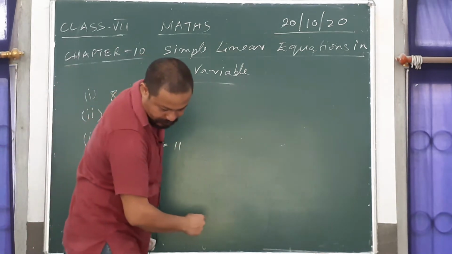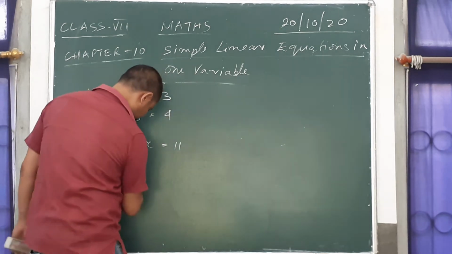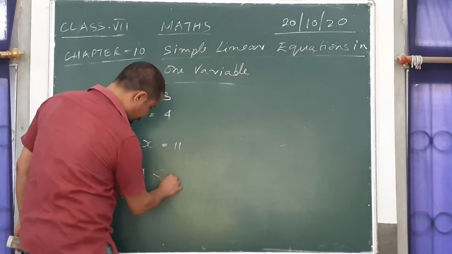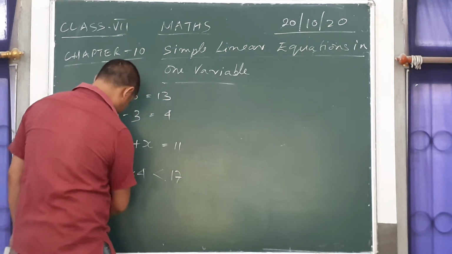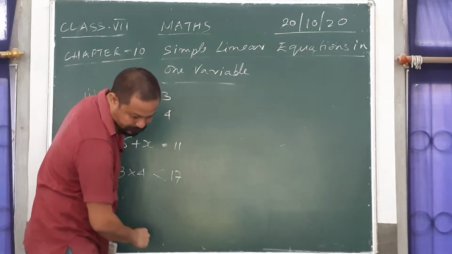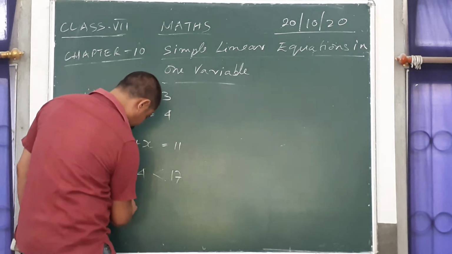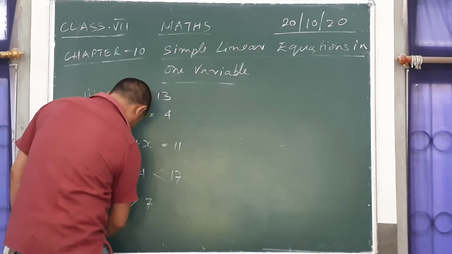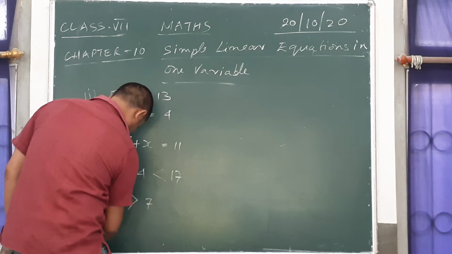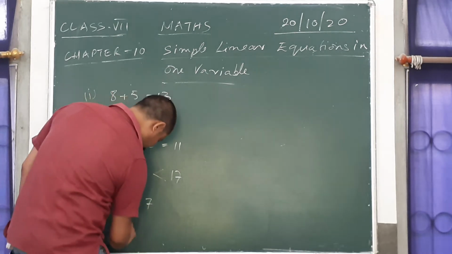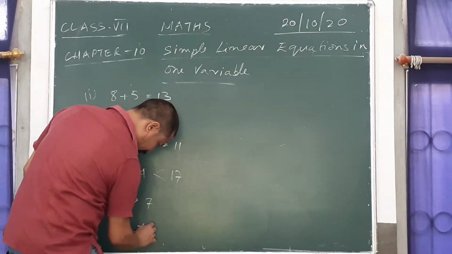The fourth one we are going to write what I wrote right now. 4 is lesser than 17. And the fifth one, x is greater than 7. Sixth one, x is not equal to 4.